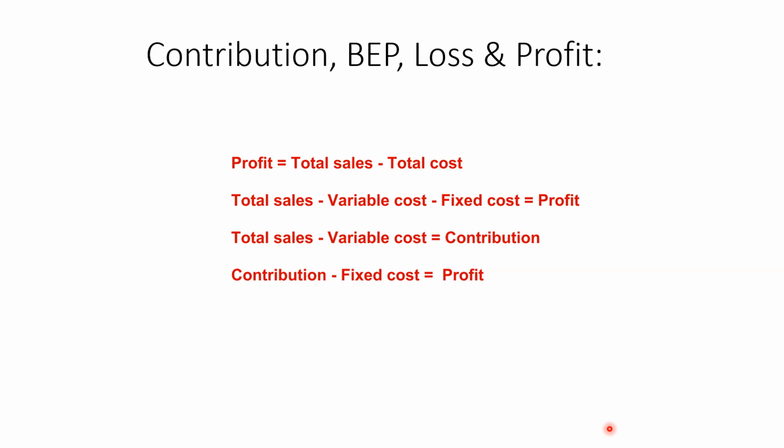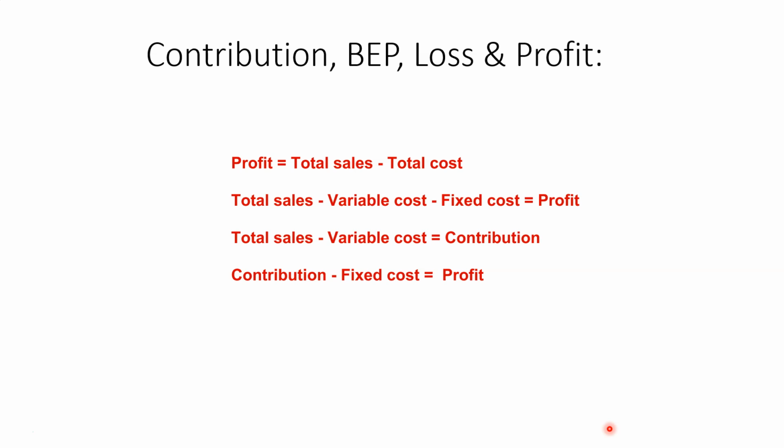So I can easily say total sales minus variable cost minus fixed cost equals profit. And if I go further, then total sales minus variable cost is equal to contribution. Contribution minus fixed cost is equal to profit.